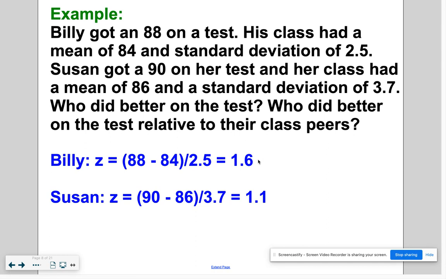Relative to all the people in my category or in my class or at my age level, this is how unusually large or small I am, right? And same for Susan. So Billy did a little bit better on his test than Susan did, because he was further away from his average than she was.